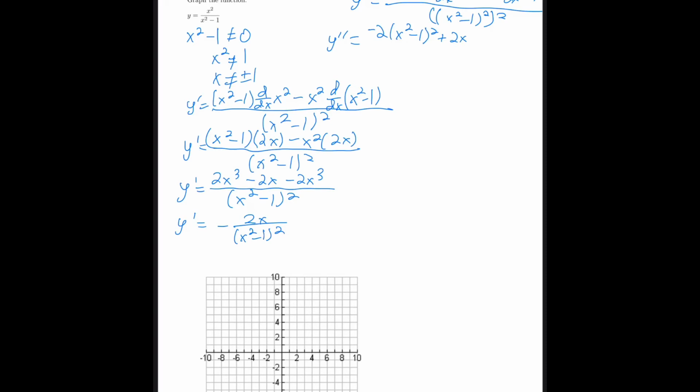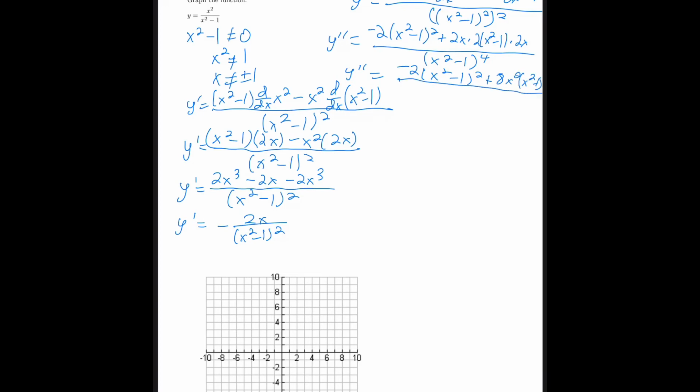So y double prime is negative 2 times x squared minus 1 squared plus 2x times, so I have to use the chain rule here, 2x times 2 times x squared minus 1 times 2x, all over x squared minus 1 to the 4th.